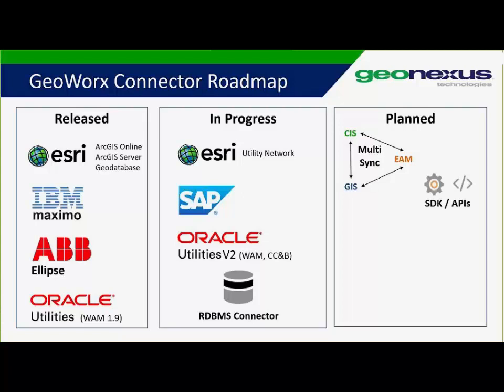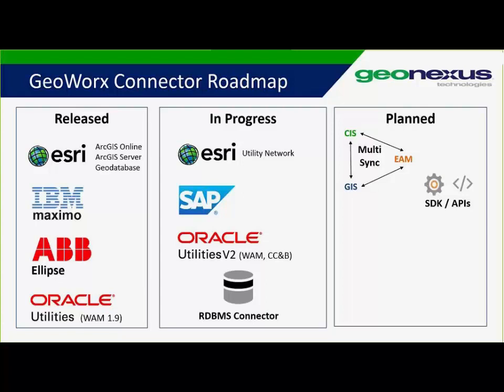Another really exciting initiative at our company is opening up the door to system integrators, developers, customers that want to build their own connectors and their own business logic for synchronization. So offering a public API and an SDK to allow an end user or a consultant or system integrator to build a connector to a specific system.